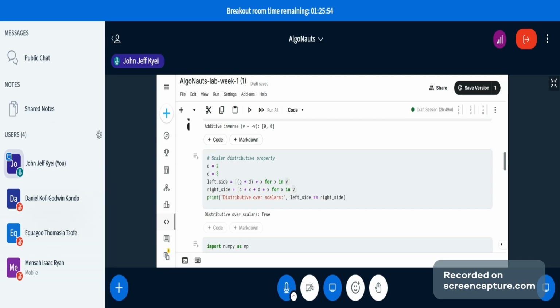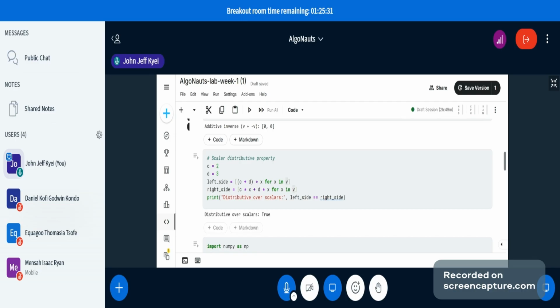So add the scalars and multiply it by the vector element wise, and also compare it to multiplying it one by one, and then the left hand side should be equal to the right hand side.